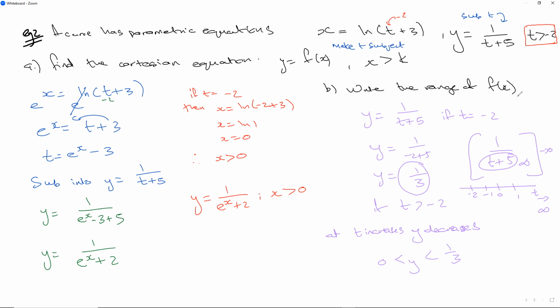Because t is greater than negative 2, we're starting over here and working our way towards that side, which means that our starting point would be 1 over 3 as it works its way to 0. It's going in the opposite direction, but that's because of this function in the form of 1 over t plus 5. All right, so that's a parametric equation. We found the Cartesian equation of each of those for that.